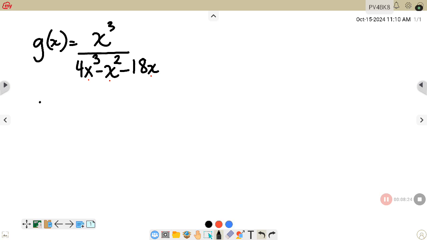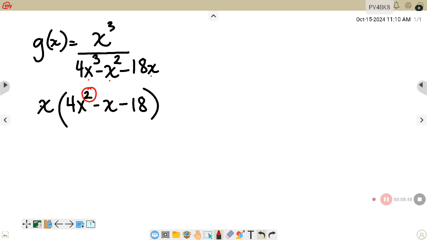So I'm going to pull out an x and put in parentheses what is left. So they are each just going to lose an x. So I will have 4x squared minus x minus 18. So the x is one of the factors. It's completely factored. Also, I need to find the zeros of this.